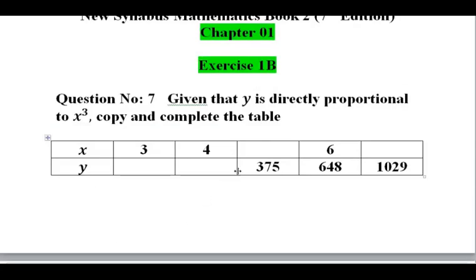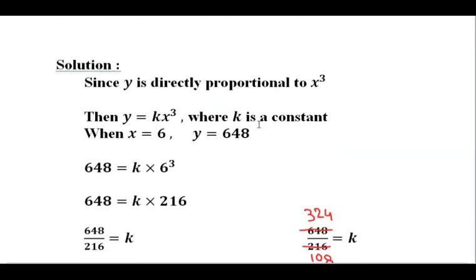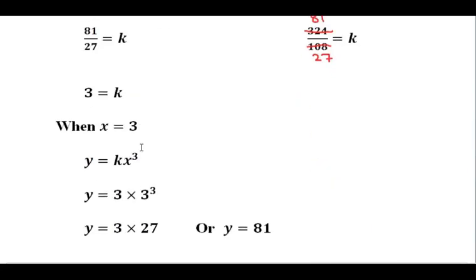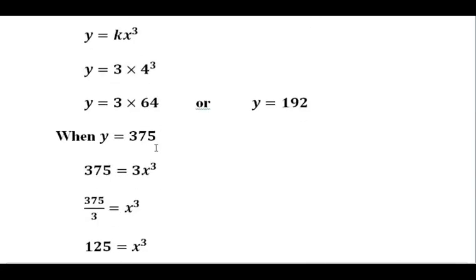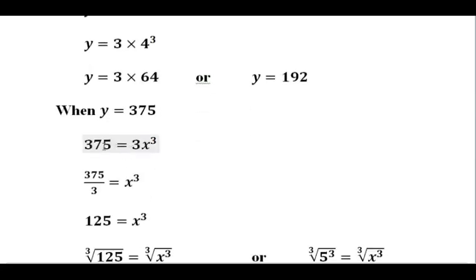Now in the third column, we have the value of y, which is 375. Let's find the value of x. So by putting y equals 375 and constant k equals 3 in the equation y equals kx cube, we can find the value of x. So this relation becomes 375 equals 3x raised to the power 3.